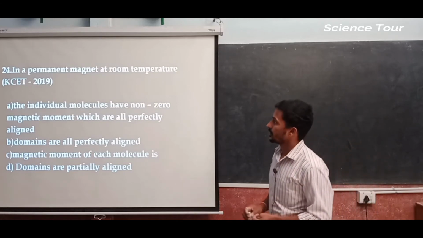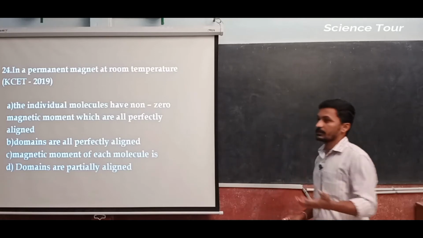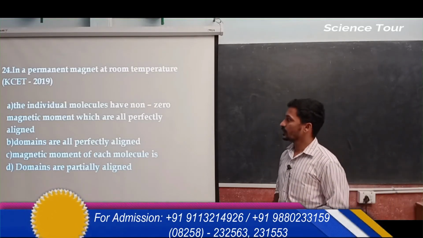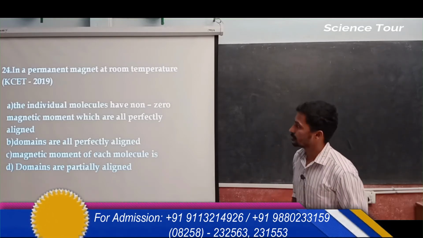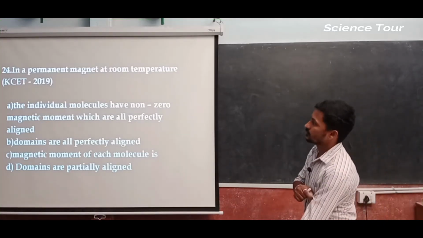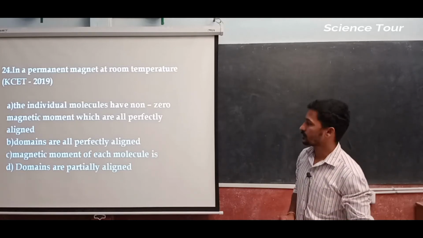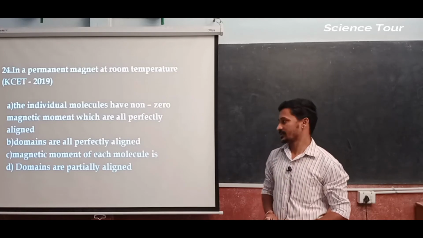In a permanent magnet at room temperature, permanent magnet means it is a ferromagnetic substance always. The individual molecules have non-zero magnetic moment which are perfectly aligned at room temperature, okay? So individual molecules have non-zero magnetic moment, it is not going to happen. Domains are all perfectly aligned at room temperature.